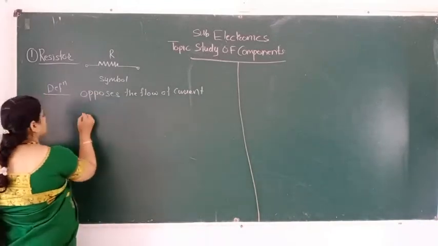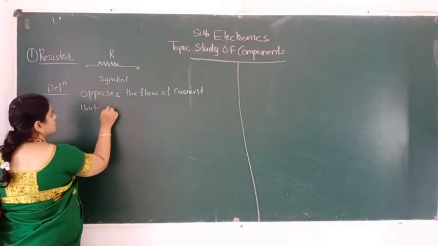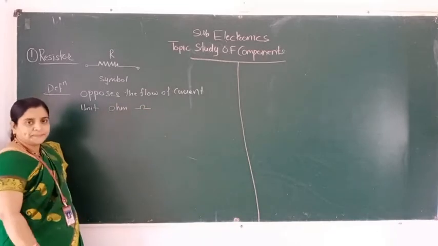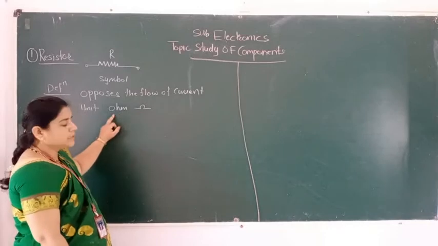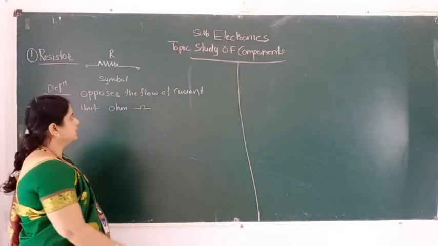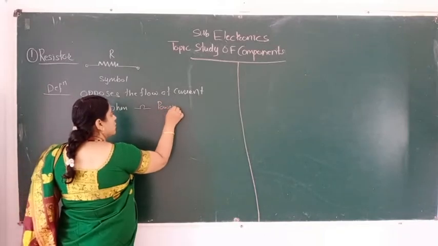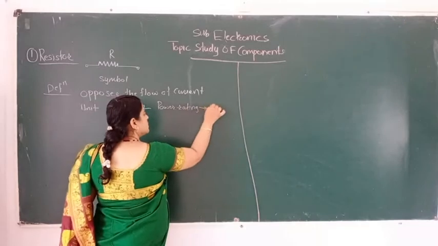You can measure the resistor in ohm. The unit of this resistor is ohm, and its power rating is in watt.